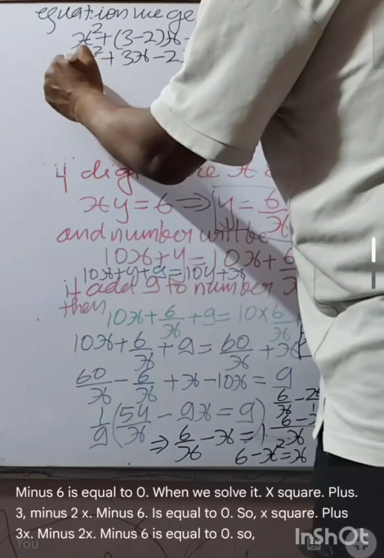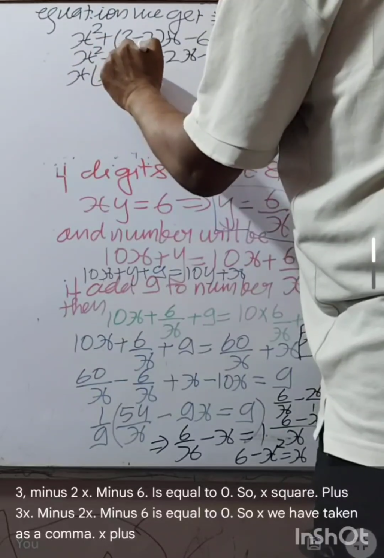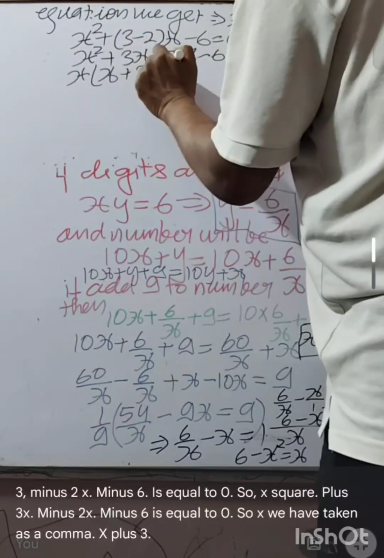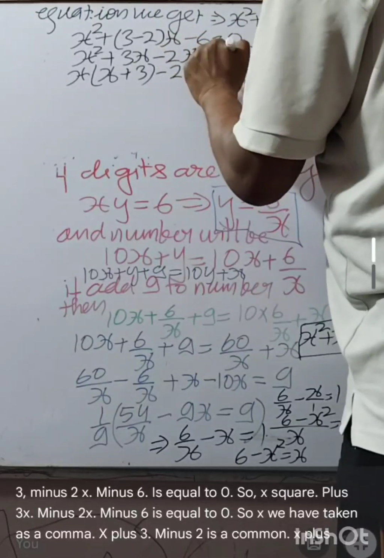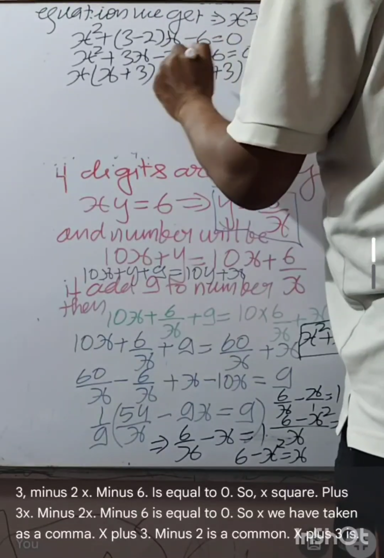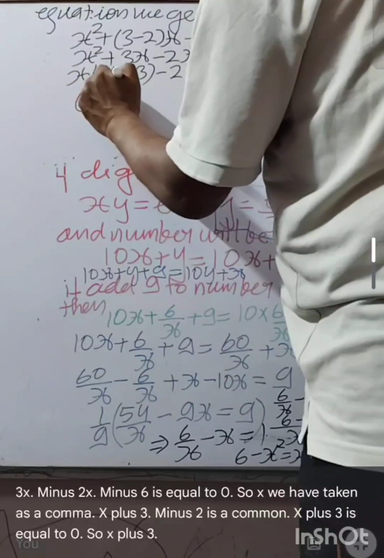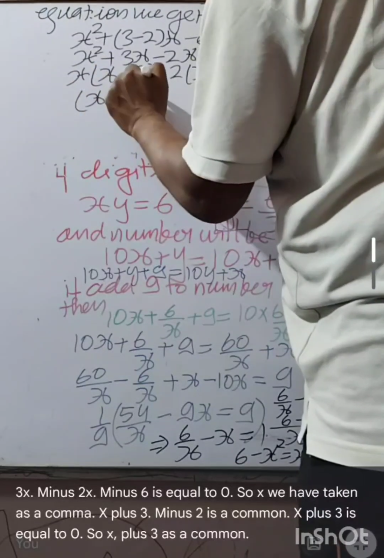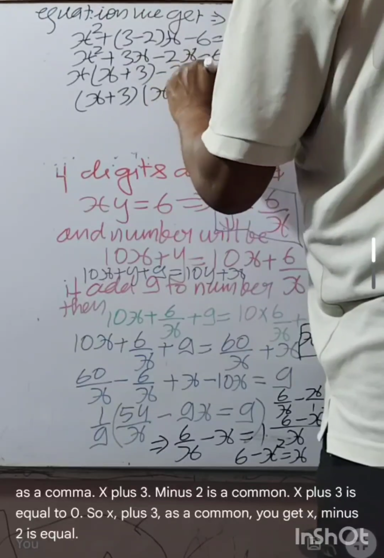Taking x as common and 2 as common, we get x plus 3 times x minus 2 is equal to 0.